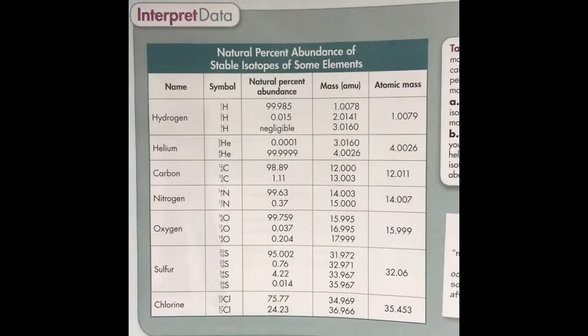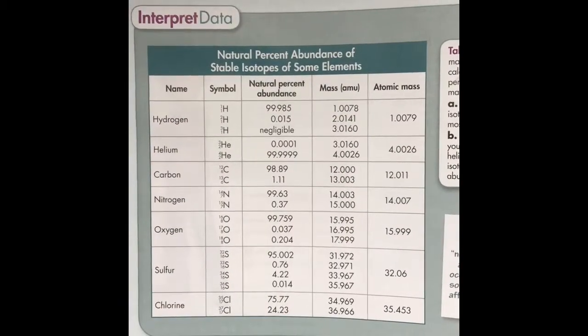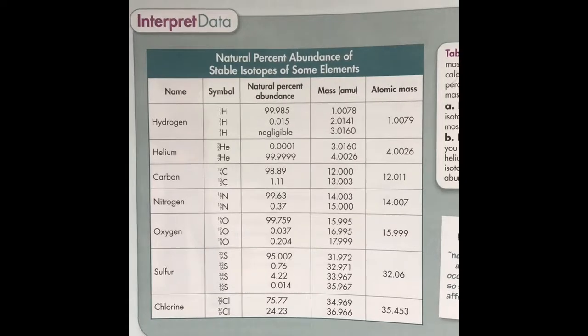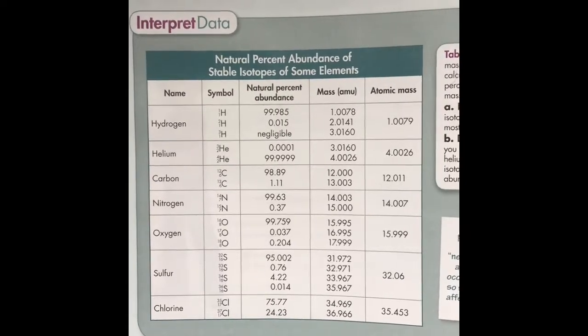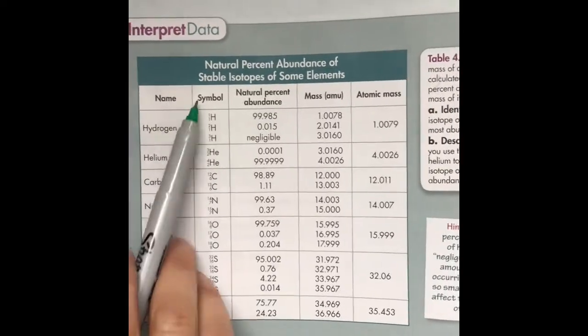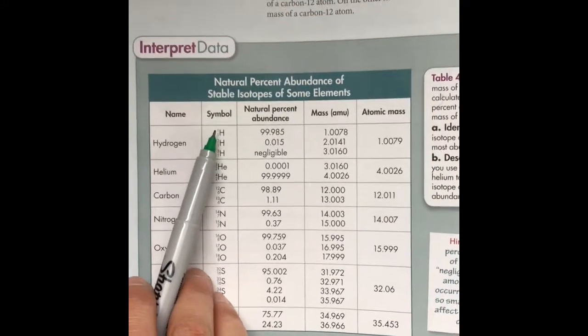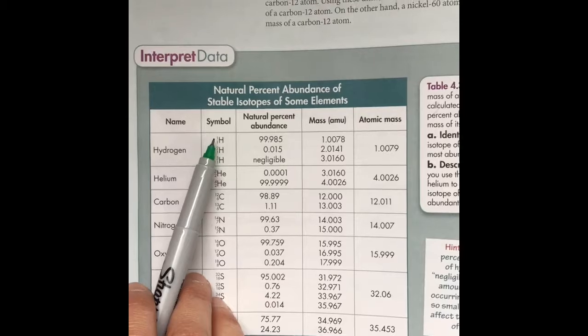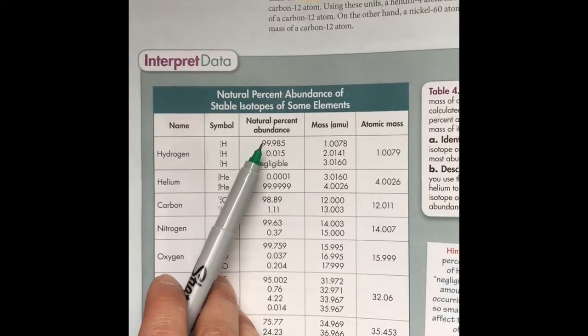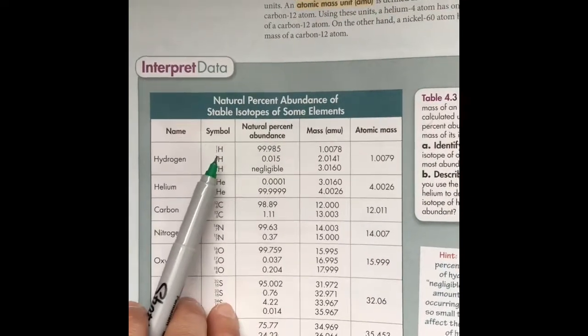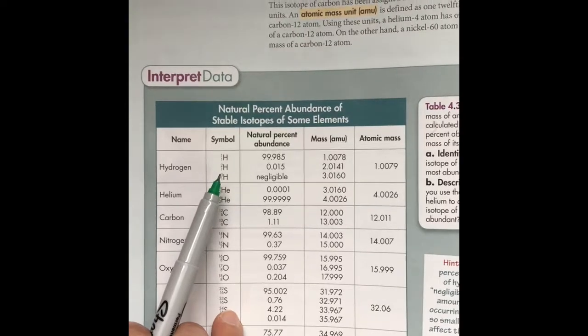Take a look at this pretty cool table in one of my chemistry textbooks. It goes through some of the most common elements and it shows you the most common isotopes that exist. So if we look at hydrogen, there's hydrogen with a mass of 1, and that's 99% of all the hydrogen on Earth. There's hydrogen 2, and there's hydrogen 3.